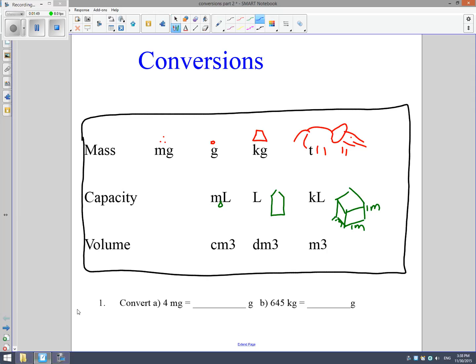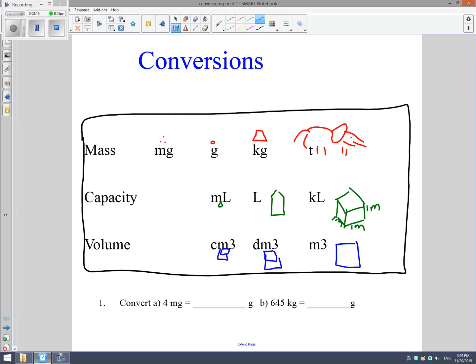Lastly, when we do our volume, we know that a centimeter cube, and again my board is off just a little bit, so it's going to be hard to draw these very well. A centimeter cube is small, a decameter cube is a little bit bigger, and a meter cube is quite a bit larger.